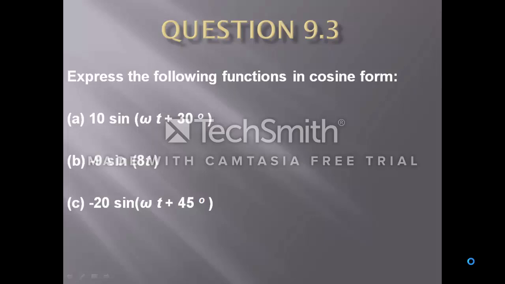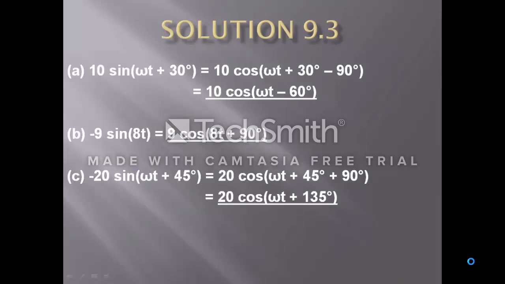In the third question, we need to have a general mathematical knowledge of sine angle conversions, that is sine theta equal to cos(theta minus 90). The question is: express the following functions in cosine form. The A part is 10 sin(omega t + 30), B is minus 9 sin(8t), C is minus 20 sin(omega t + 45).